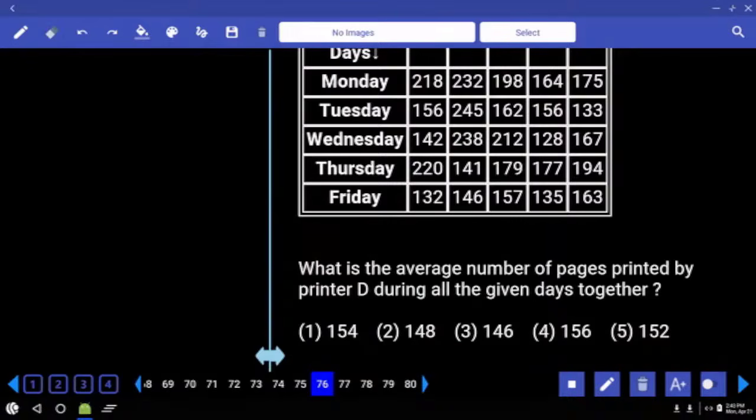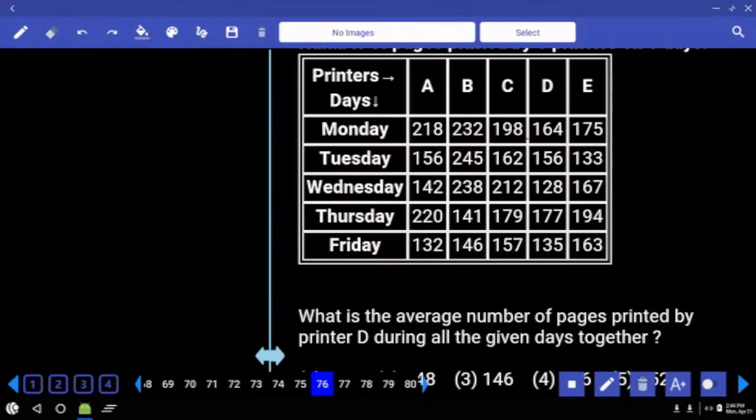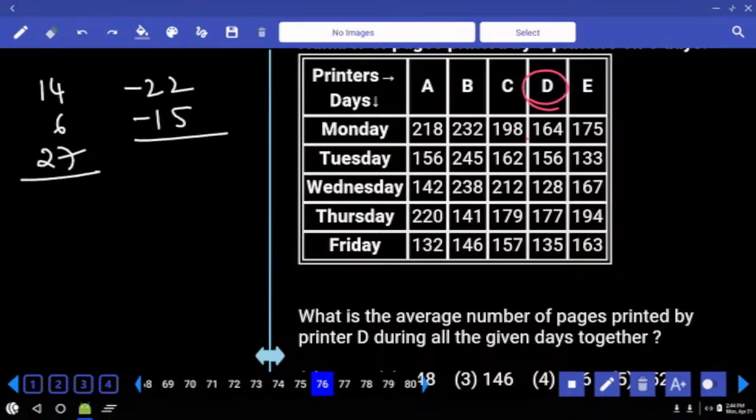I'll write positive numbers one side, negative numbers another side. Now look at this. D values. First number is more than 150 by some amount, second number, third number, 22 less, fourth number, 27 more, correct? Fifth number. So total positive number 47, negative number 37.